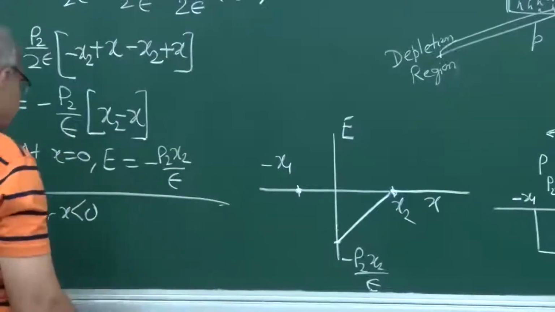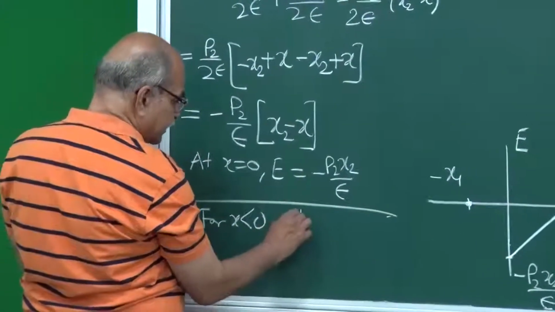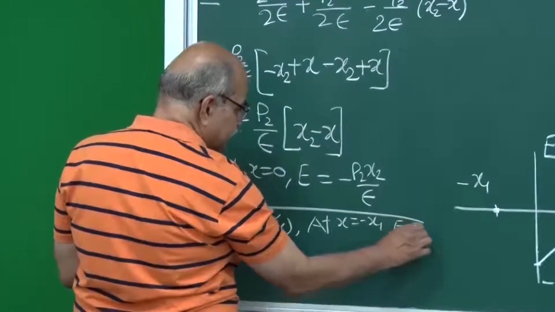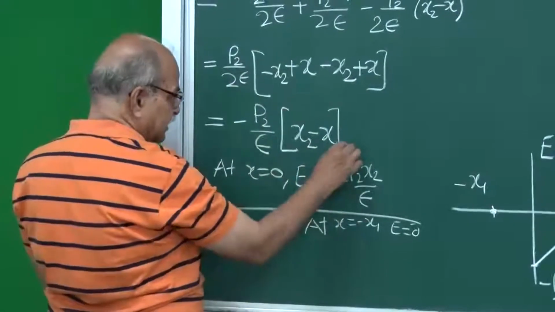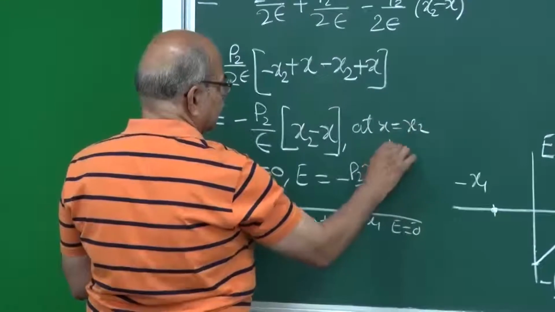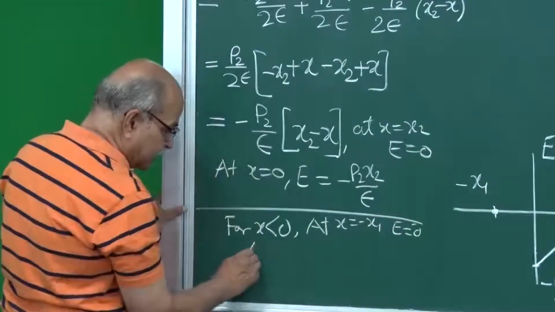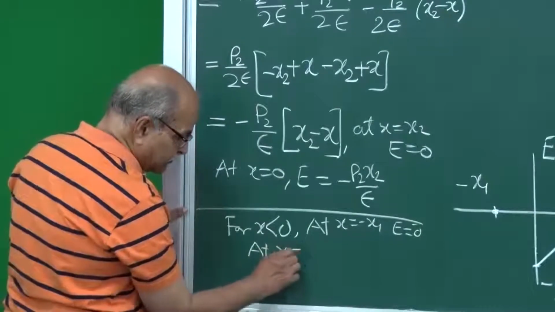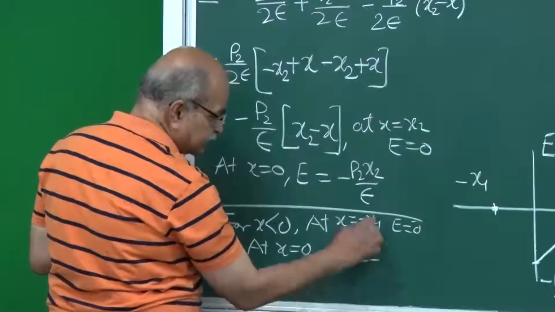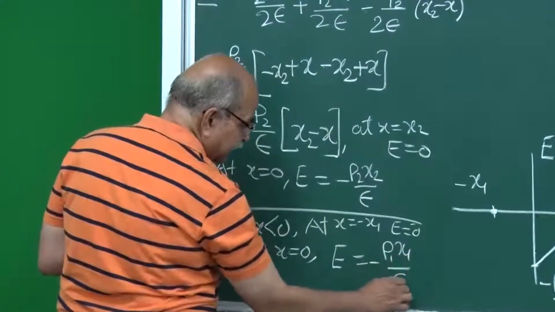And on the other side, for x less than 0, what you expect is that at x equal to minus x1, the electric field will be 0, and then at x equal to 0, from the same expression, your electric field should be minus rho 1 x1 over epsilon, where it was rho 2 x2 before.